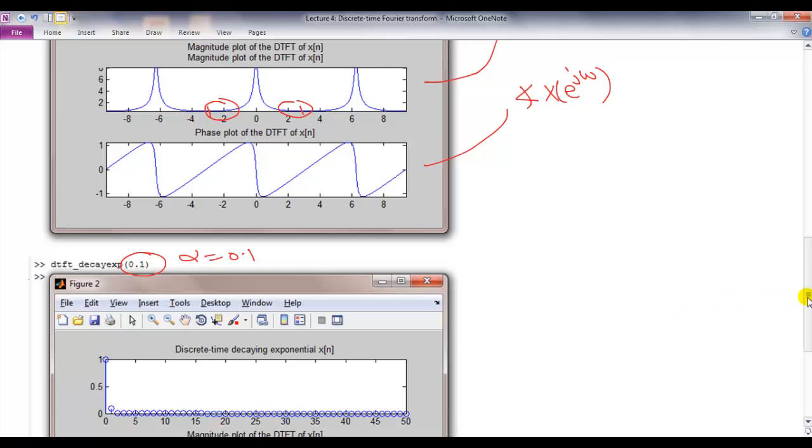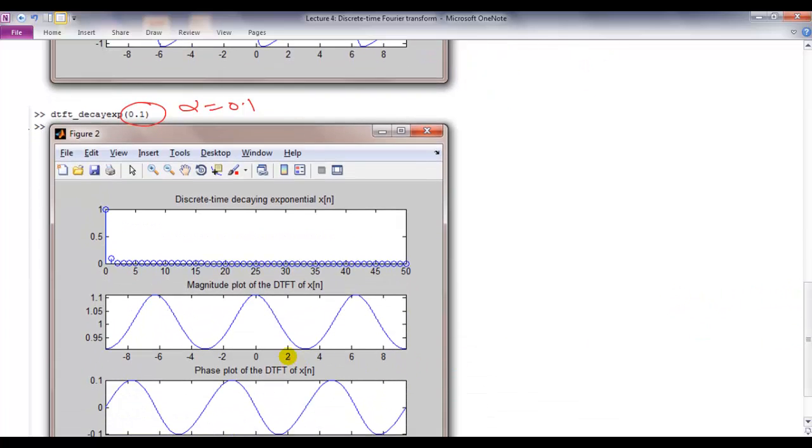And if I plot the DTFT of that, indeed, that is what I see. This is pi, and this is minus pi. And if you remember, in the previous case, it was going to 0 for frequencies around pi. In this case, it is not really going to 0 until it reaches pi, which means that high frequencies are still present in it.